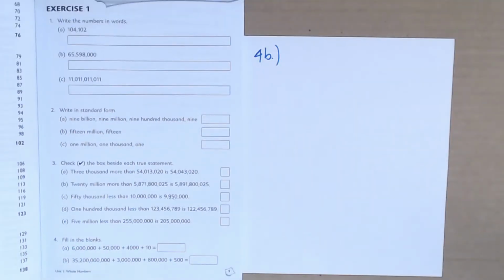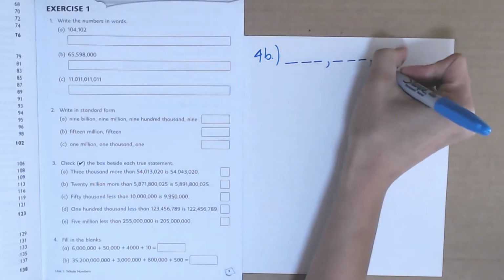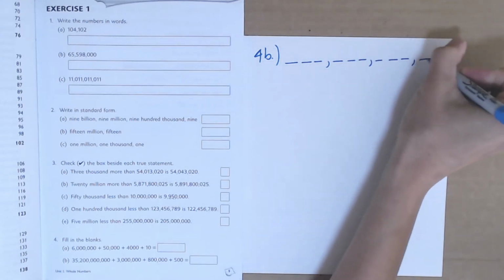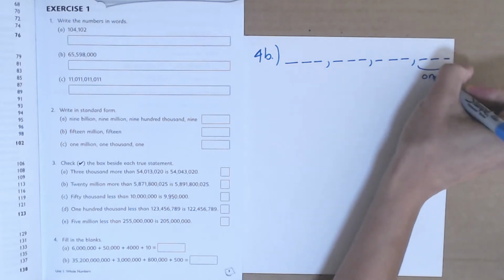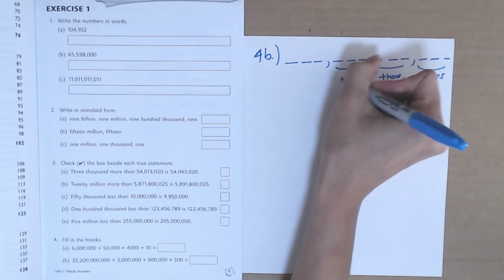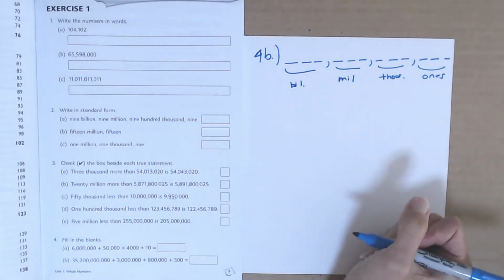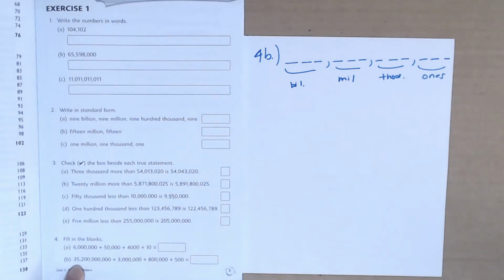Okay, we're on 4B. We're adding a bunch of numbers again, and this time we do have numbers in the billions. So I am going to make my places here, and I'm labeling them ones, thousands, millions, billions. Okay, so we have 35,200,000 million.